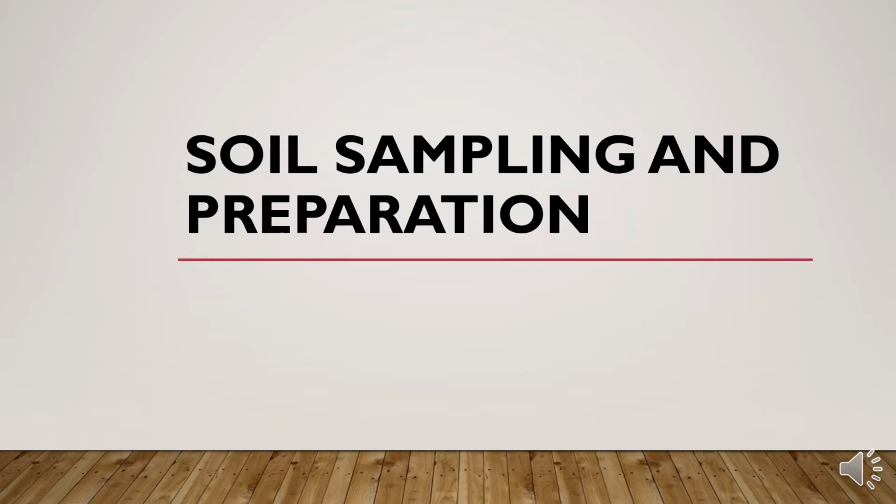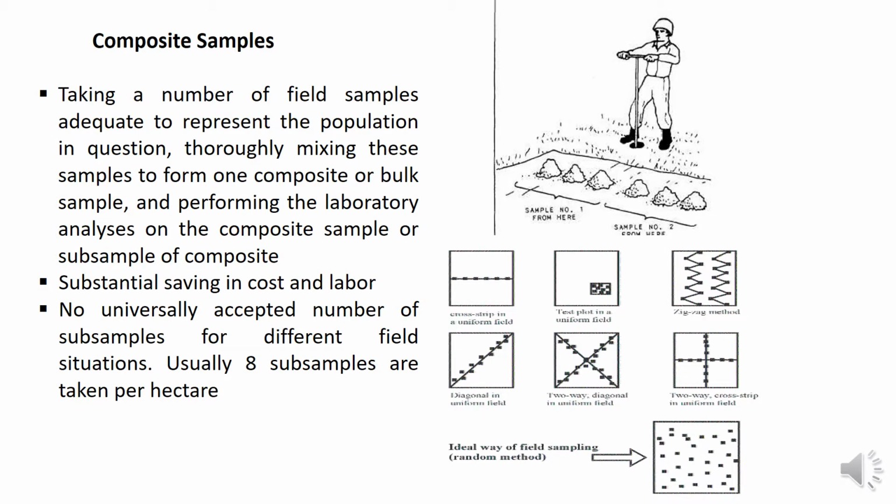Although there is no universally accepted number of subsamples for different field situations, normally 8 subsamples are taken per hectare in a diagonal pattern or randomly from a particular field, and then combined or mixed into a composite sample. So the composite sample should represent the whole field area. This is very important.